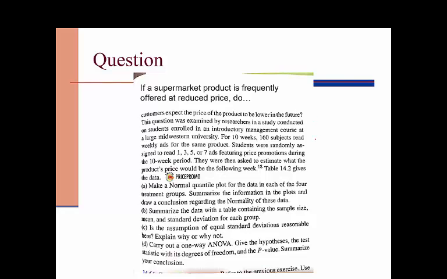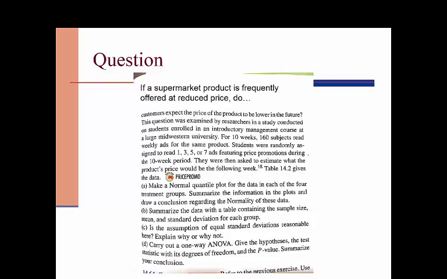This question was examined by researchers in a study conducted on students enrolled in an introductory management course at a large Midwestern university. For 10 weeks, 160 subjects read weekly ads for the same product. Students were randomly assigned to read 1, 3, 5, or 7 different ads featuring price promotions during the week. They were then asked to estimate what the product price would be in the following weeks.